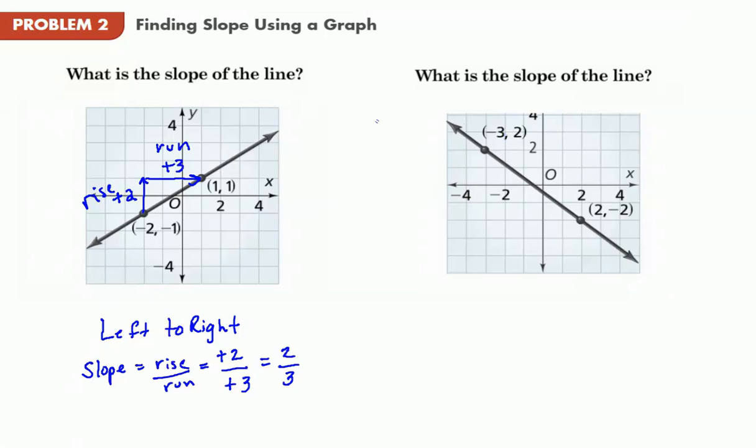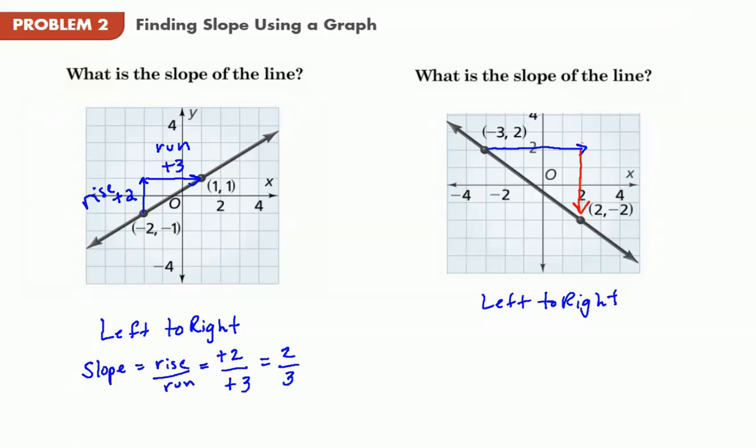The second slope, we want to start at (-3, 2). We're always going from left to right, so that doesn't change. And then from there, we're going to have to go down to get to the second point down here.